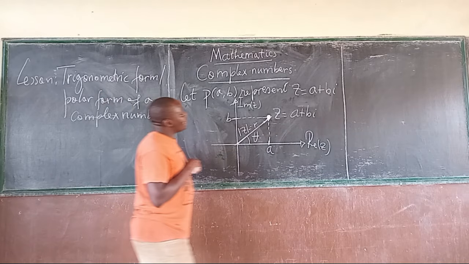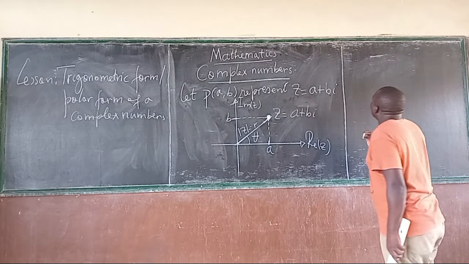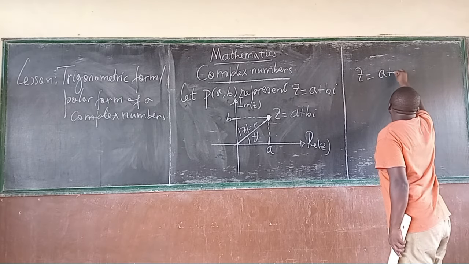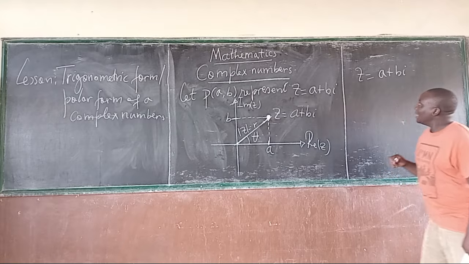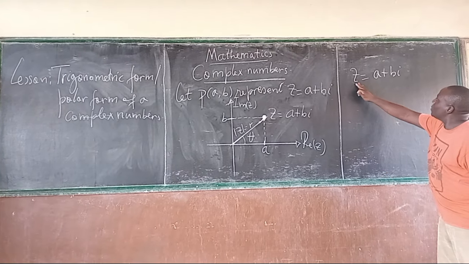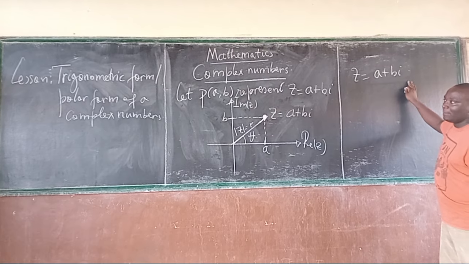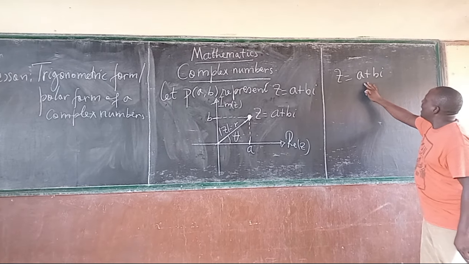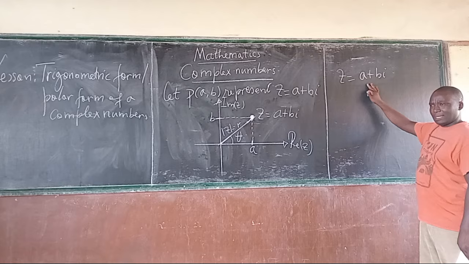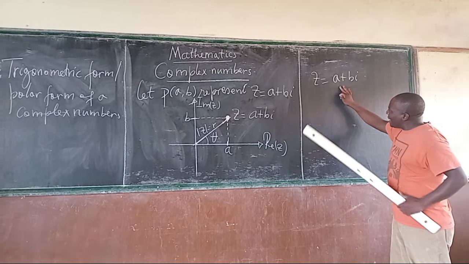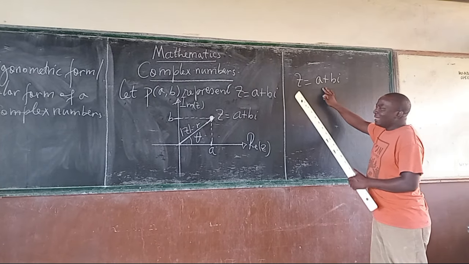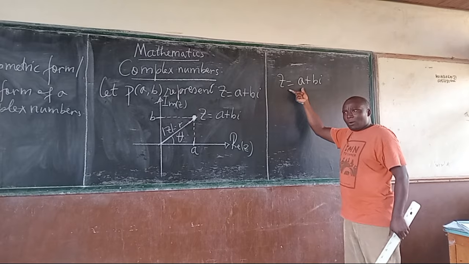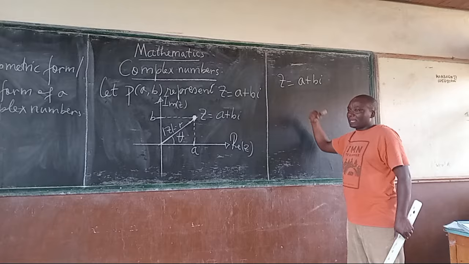The standard form or algebraic form, z equal to a plus bi. As you see, this is a good form of complex numbers. This one is called standard or algebraic form. Then I'm going to find another form: how you can write this form in trigonometric form.